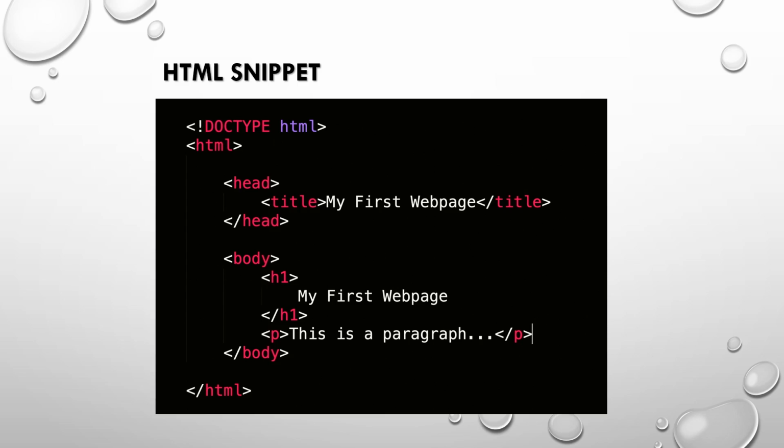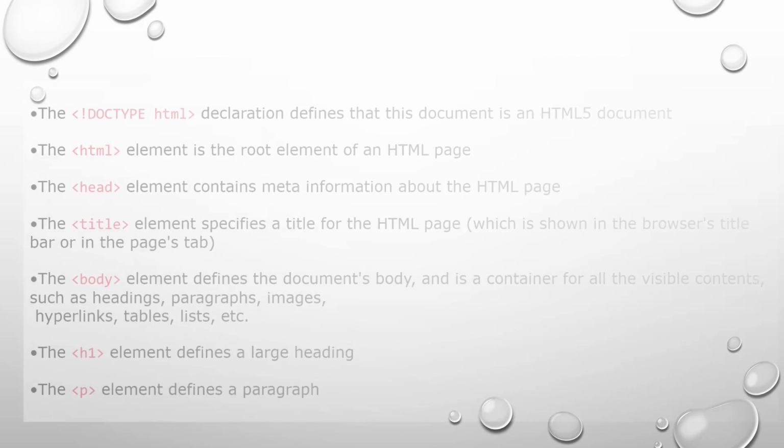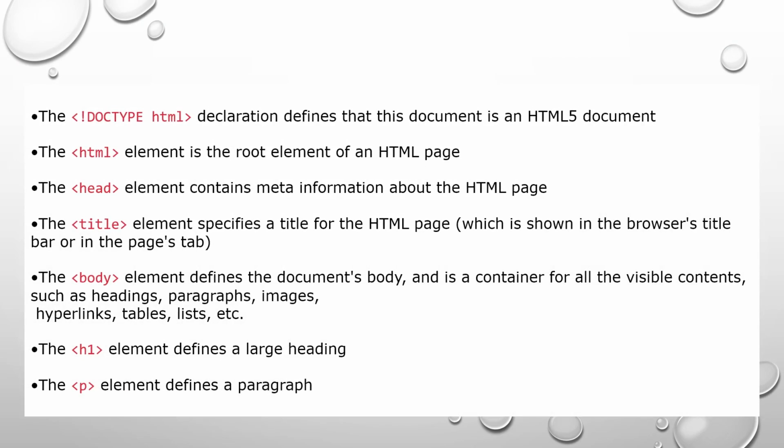Now, this is the basic structure of an HTML document, and I want to pick the items one by one and explain them to you. The first one is the doctype HTML, and it's a declaration that defines that this document is an HTML5 document. HTML5 is the latest version of the HTML language.